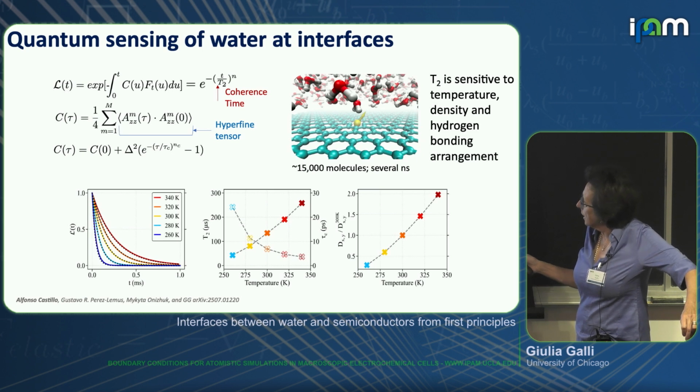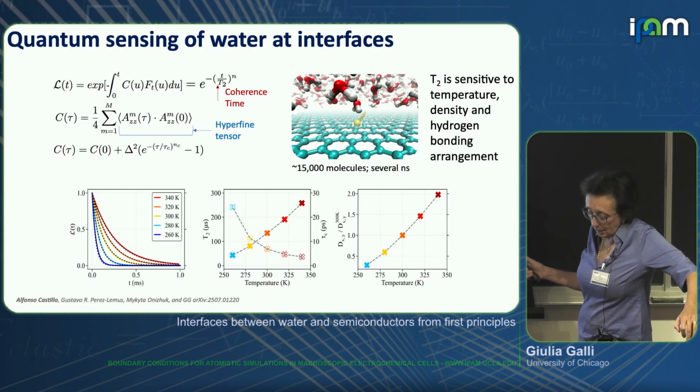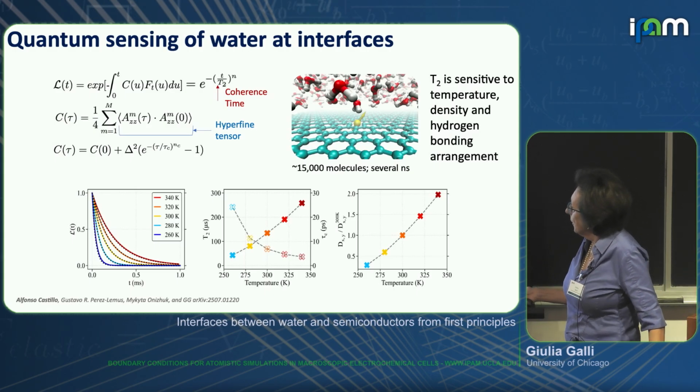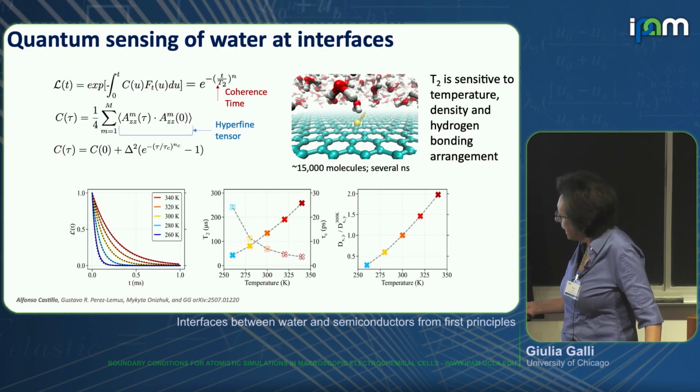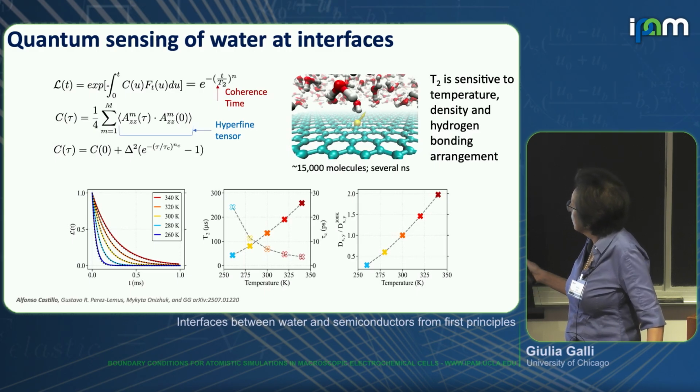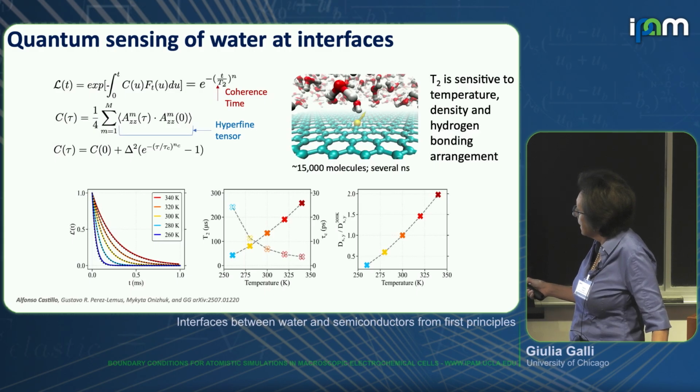So we did this for a model system. Water is classical water with an interatomic potential. I don't exclude doing this with a machine learning potential, but we are very far from doing that. The reason why we are excited about this is that this coherence time is sensitive to temperature and to density.